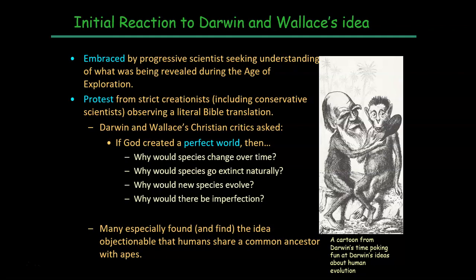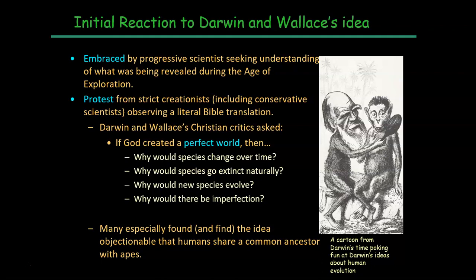And Wallace was a strong supporter of everything Darwin did in his book and thereafter, and continued to be a strong proponent for this idea of evolution via natural selection. But there were protests from what we would call strict creationists, those that interpret the Bible as the literal truth, and that things cannot conflict with that truth.